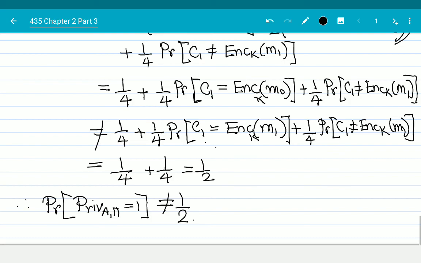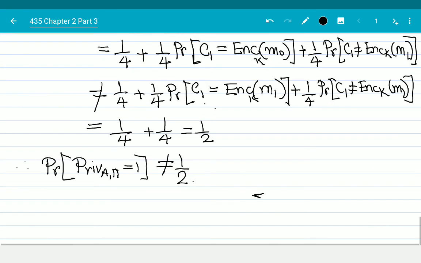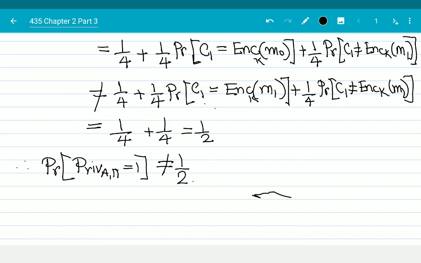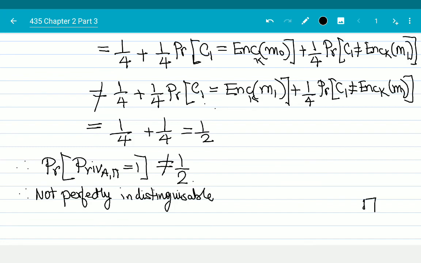Right? And therefore, the system is not perfectly indistinguishable, which is what I wanted to show.